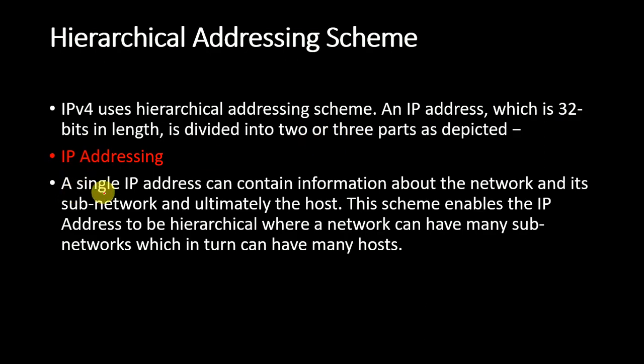A single IP address can contain information about the network, its subnetwork and ultimately the host. This scheme enables the IP address to be hierarchical, where a network can have many subnetworks, which in turn can have many hosts.